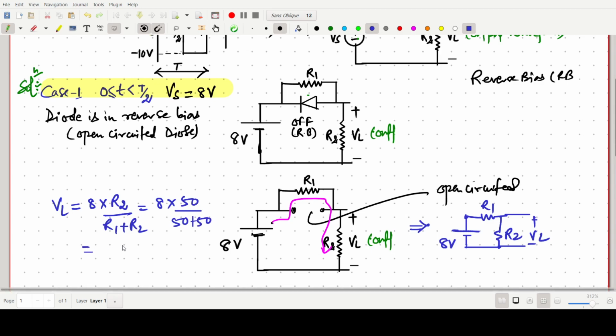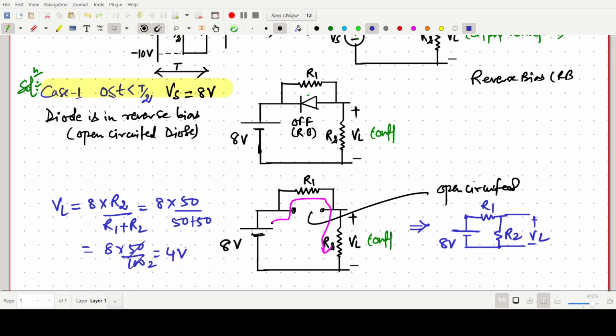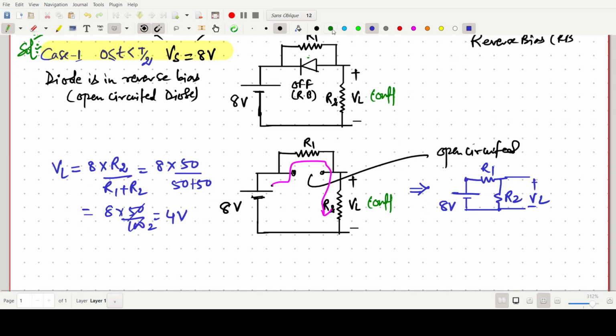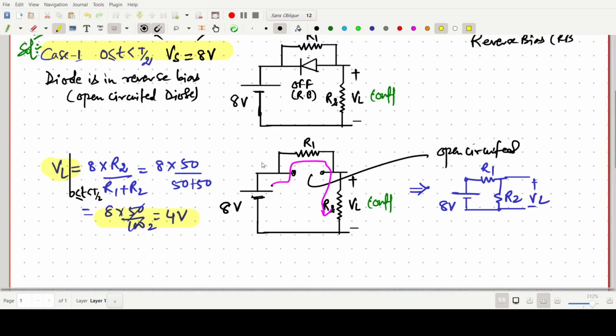So VL is 8 into 50 by 100, which is 4 volt. So for the time interval 0 to T by 2, the output value VL will be 4 volt.